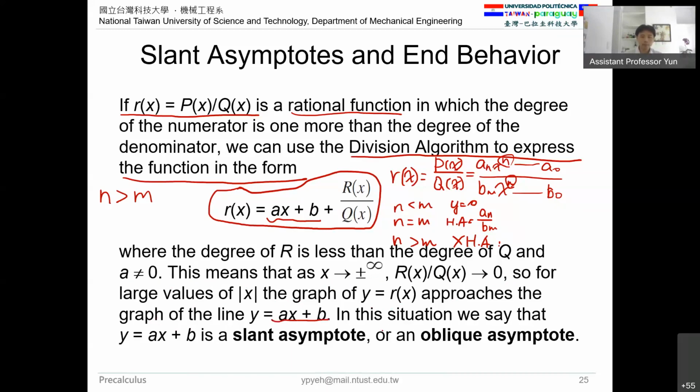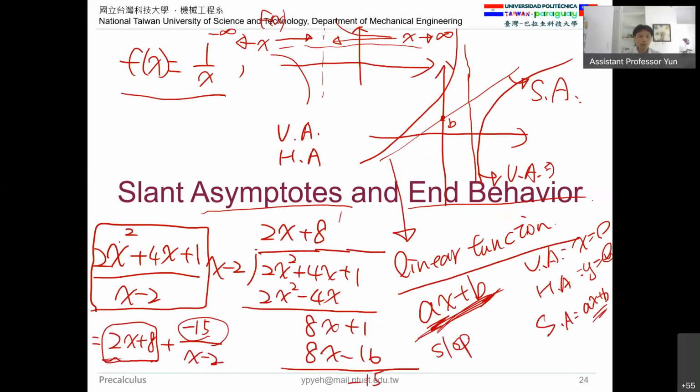Okay. And in this situation, we say this y equal to ax plus b is the slant asymptote, and also we call it the oblique asymptote in this case. So this is just what we explained: when we meet this P of x, where the degree of P of x is larger than the degree of Q of x, then we could do these division theorems.